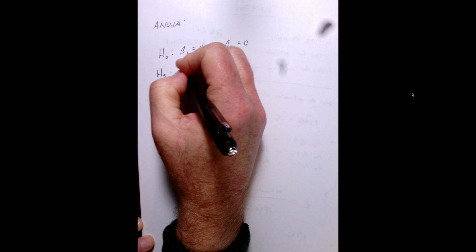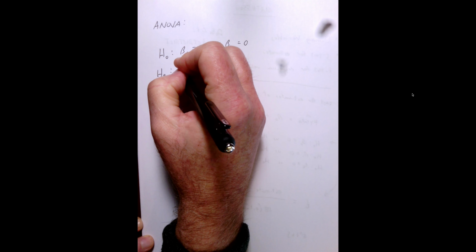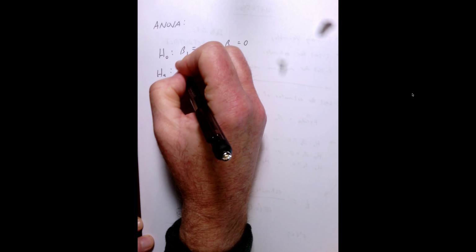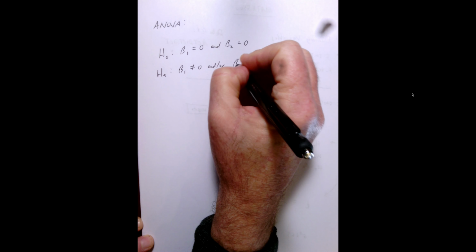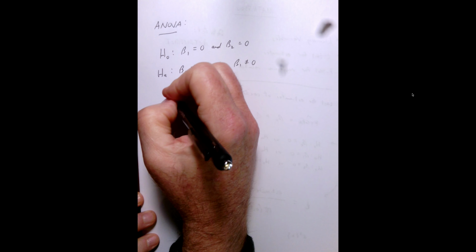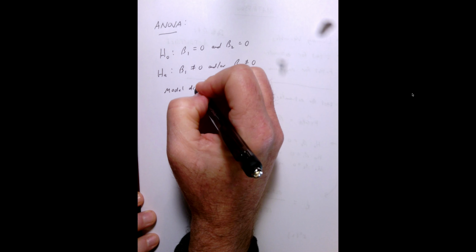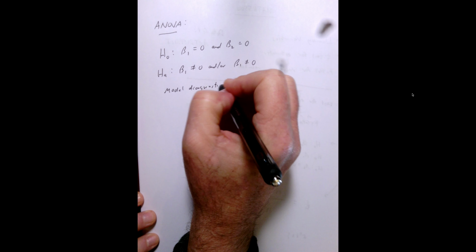Are both of these things equal to 0? Our H sub a would be that either or both are not equal to 0. So again, the ANOVA is a model diagnostic. It assesses the fit of the model, not separately through the t-test.